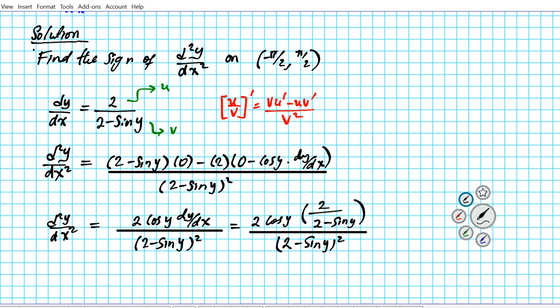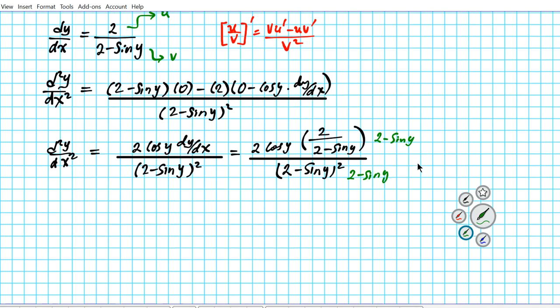Okay. All right, so to simplify, you notice that these two denominators are identical, so we can multiply both the numerator and the denominator by 2 minus sine y. And then what does that give us?